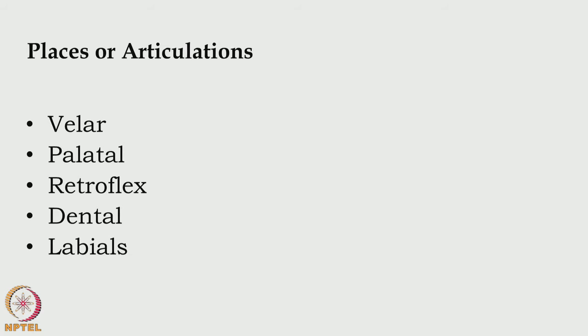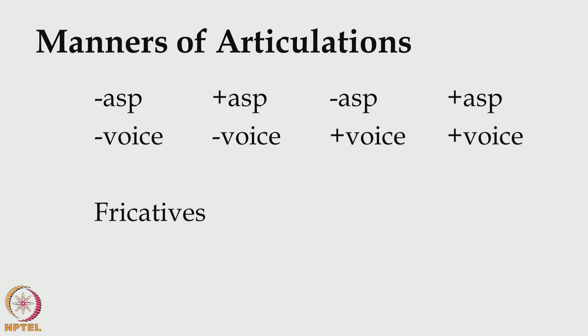We have looked at these places of articulation in detail and these manners of articulation in detail. There is one more part which I want to talk to you about, one more type of sound, and they are fricative sounds. Okay?